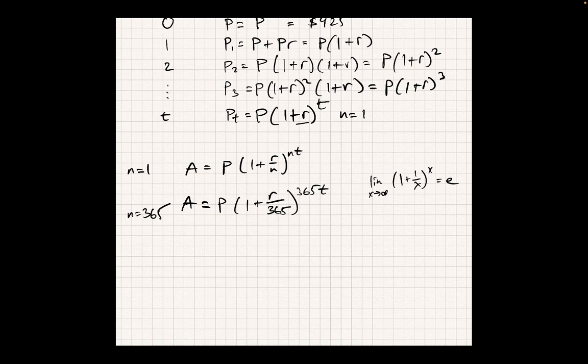That would be really hard. I don't want a huge number here. I would like to use the fact that this formula, in the limit as x grows unbounded, turns into e. So I'm going to do a little substitution and introduce a variable. Let m equal n over r.